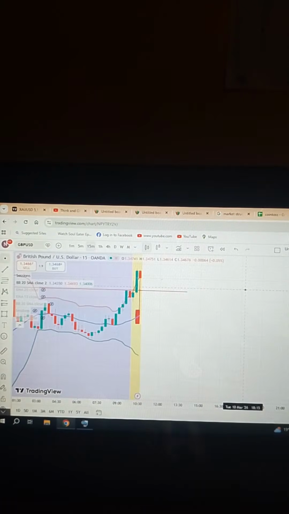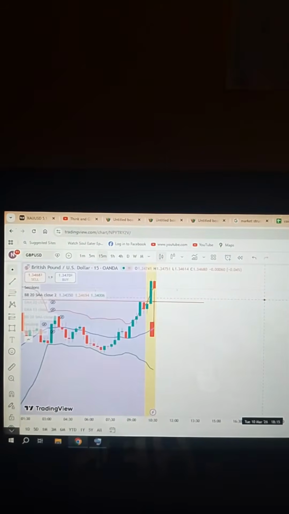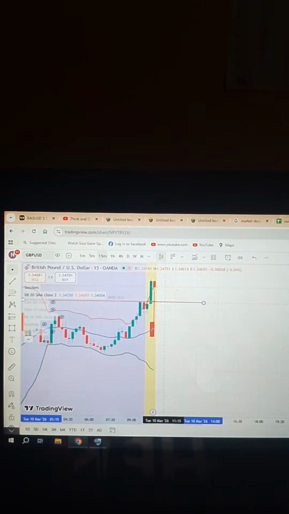First, the market has to give me a confirmation. What was my first confirmation? The market has touched the upper band. You see, the market has touched the upper band. What is my next confirmation? For me to enter sell, I need to wait for this market to close below the 20 MA. Now I can sell.